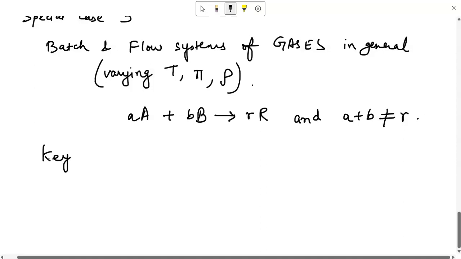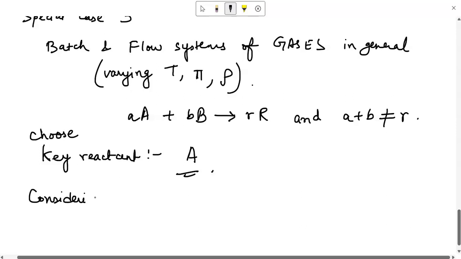You need a key reactant which becomes the basis to determine the conversion. So let me write, choose key reactant. So I am choosing A as our key reactant. Okay, then ideal gas behavior.